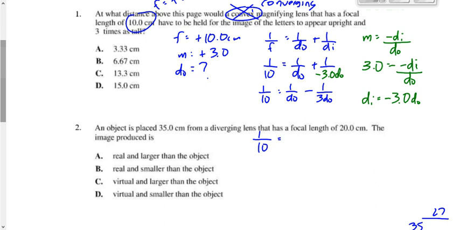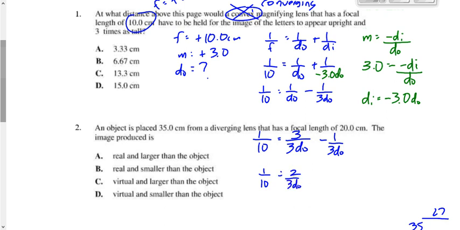What's the common denominator between DO and 3DO? No, the common denominator is not DO. The common denominator would be 3DO. We can say 1 over DO is the same as 3 over 3DO, right? You multiply the top and the bottom by 3, minus 1 over 3DO. Does that make sense? You can subtract those, right? 1 over 10 is equal to, what's 3 over 3DO minus 1 over 3DO? 2 over 3DO.